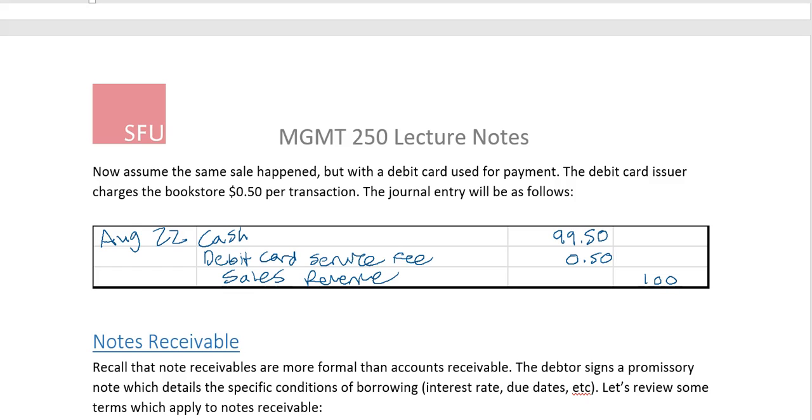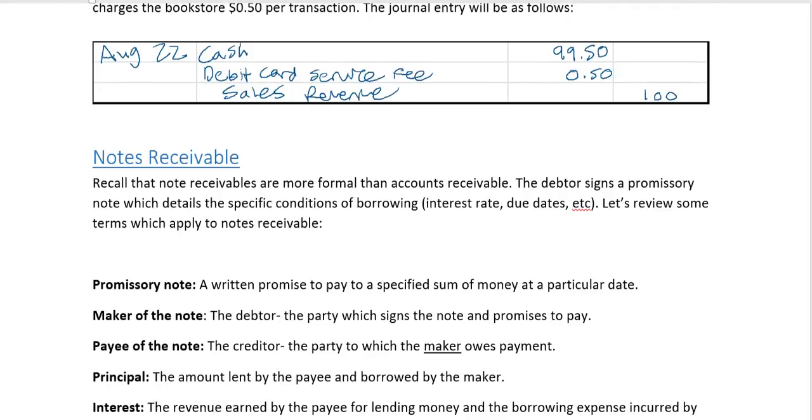So sometimes it's funny how certain expenses work out better, like a flat fee versus a percentage, for bigger amounts, but for smaller amounts you would prefer the percentage. So keep that in mind as you decide what payment option to offer your customers and the nature of your business.